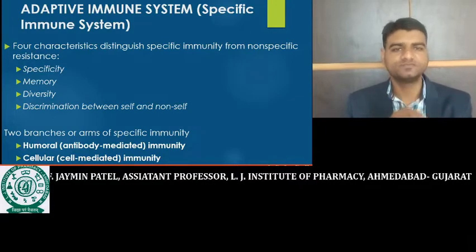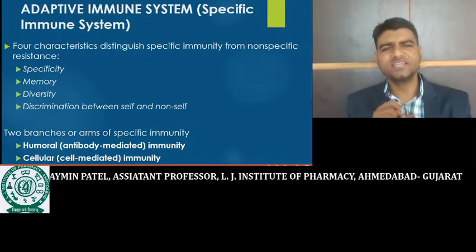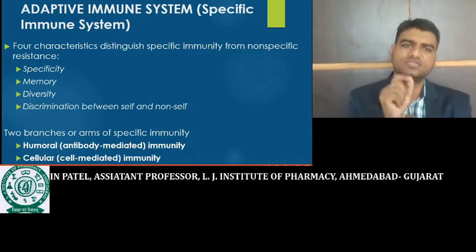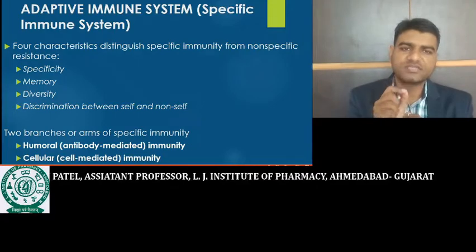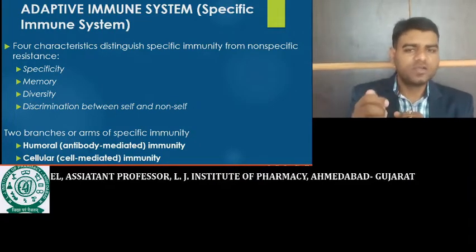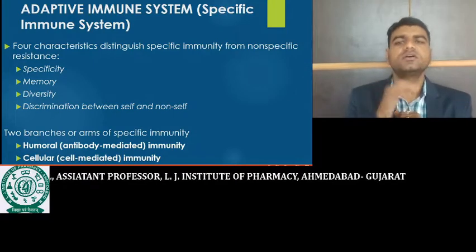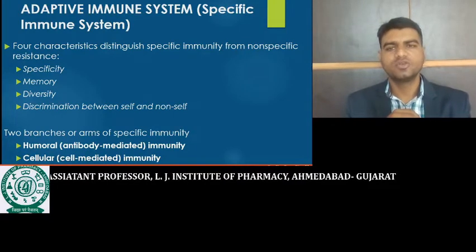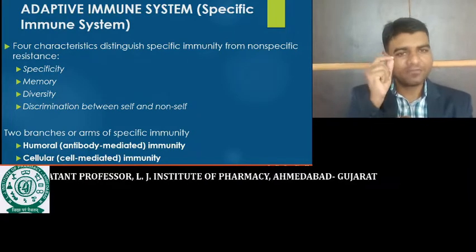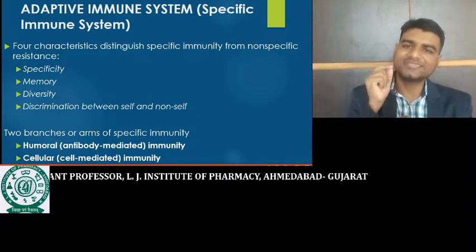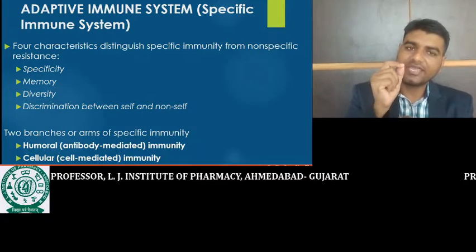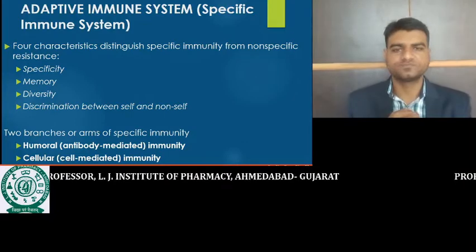Second is memory. When a microorganism enters the body and causes disease, the specific immune system is activated, identifies that microorganism, and tries to recover the body from the infection. Once completely recovered, when the same microorganism attacks the body a second time, the adaptive immune system has already kept the memory for that microorganism.